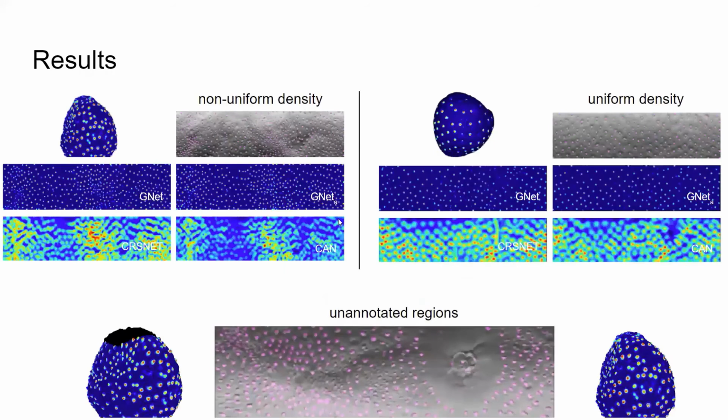So this approach works well for uniformly distributed achenes, which is the case where you've got a quite healthy fruit, but also if you've got fruit with less obvious geometry, where the density of the achenes is not so uniform, then that algorithm also works there, and it also works in annotated regions, so it's quite a good method.